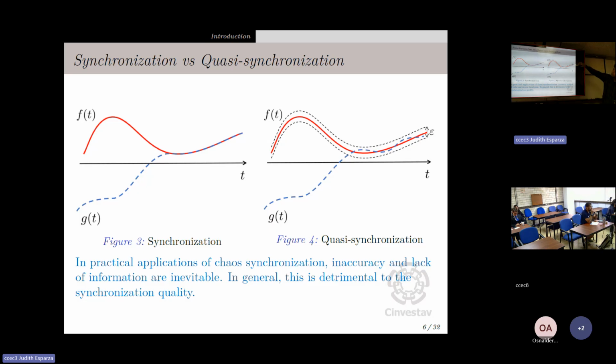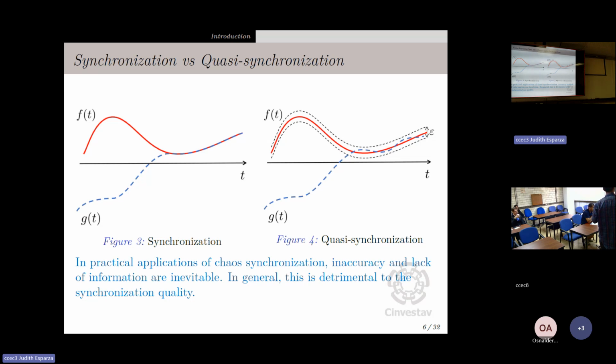In this case, the region is signaled by the dashed line. So the property of quasi-synchronization is that we can work with this epsilon in order to obtain a really small epsilon.